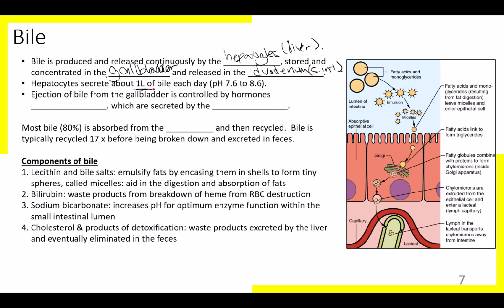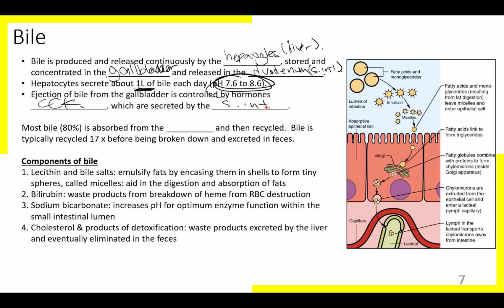You can see over here, the liver produces 1 liter of bile each day. The pH of bile is basic, right, to help to neutralize the gastric acid. And the ejection of bile is controlled by the hormone cholecystokinin, which is secreted by the small intestine.